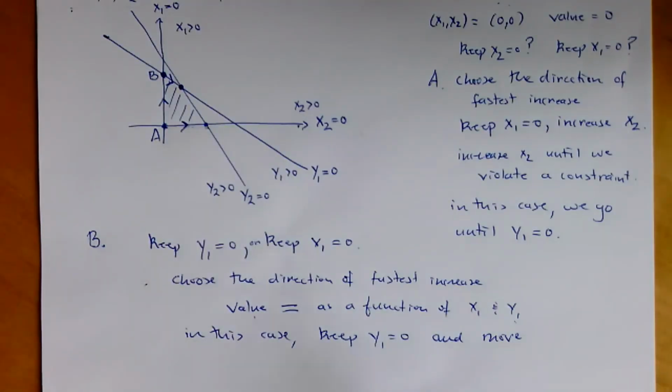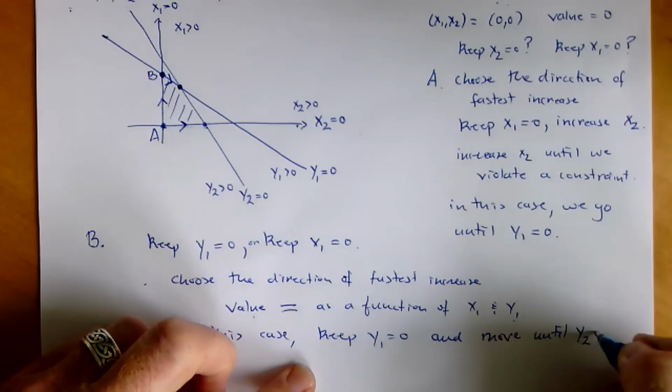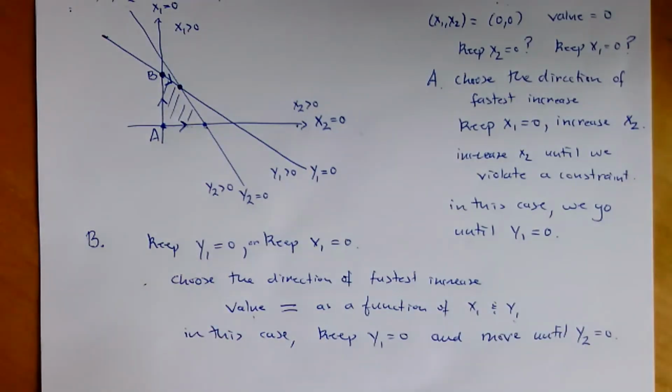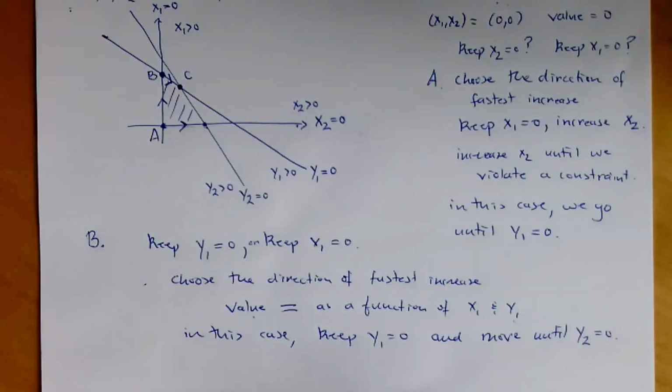As we move, we may start to approach an intersection point where we're about to violate a constraint. In this case, we approach the intersection point where y2 becomes 0, and we don't move past that point because we don't want to violate the constraint. So now we're sitting at point C.